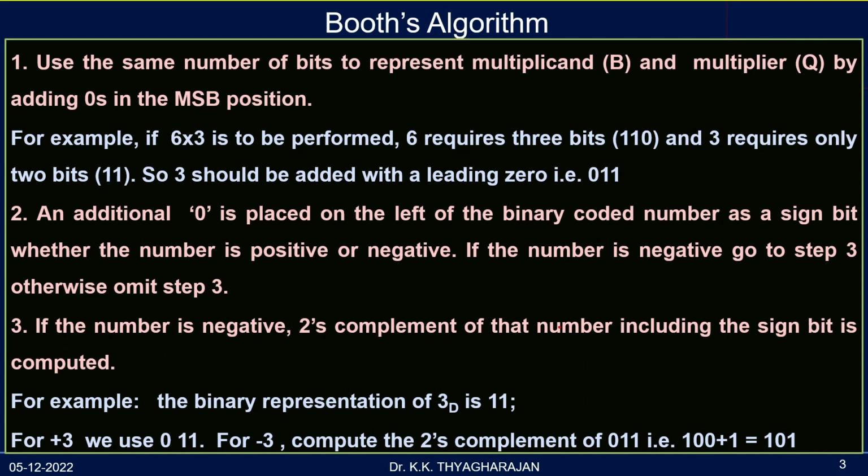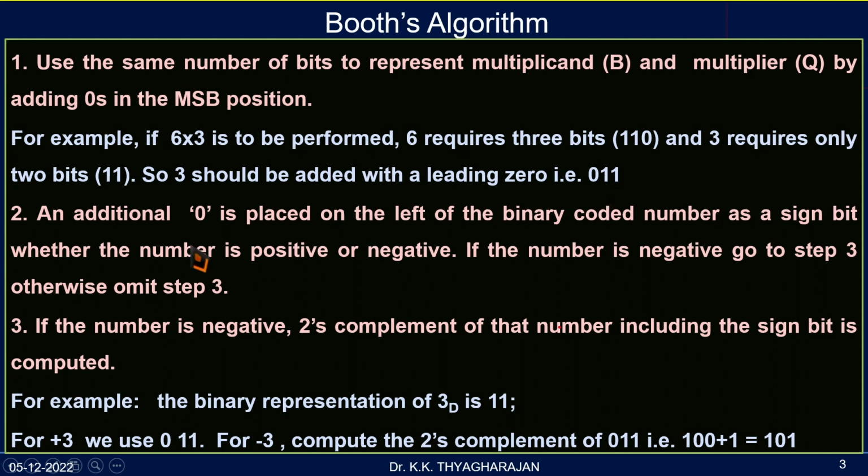For example, if we want to multiply 6 by 3, the multiplicand 6 is coded into binary as 110 and 3 is coded as 11. So you add a leading 0 to 3, which is now 0, 1, 1.